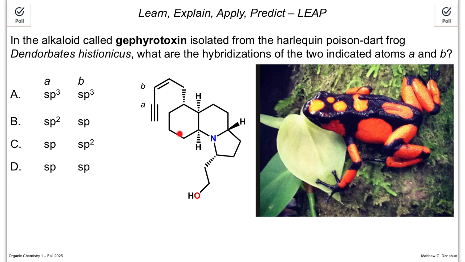In the molecule, there's a lot of stuff. And so I've highlighted carbon A and B. Looking at the bonding patterns, what are their hybridizations? So what do we think A is? So we can eliminate that and that. And then B is what hybridization? sp2, so we can eliminate that.